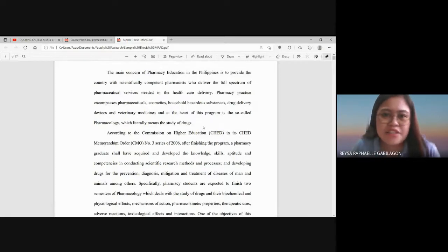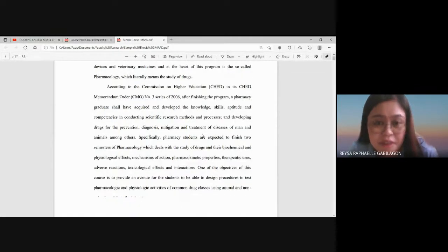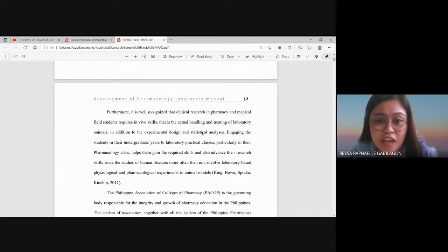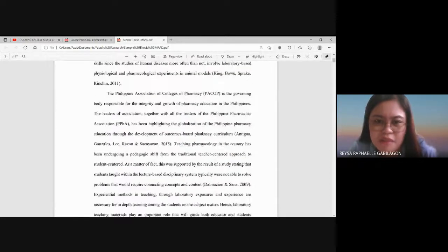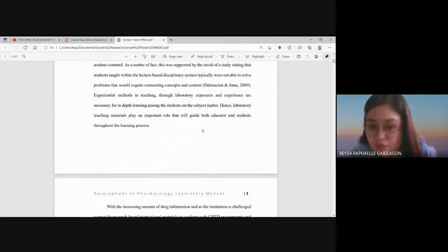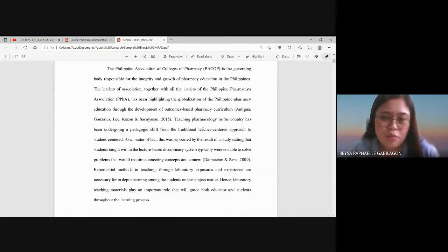I just discussed the current situation in the Philippines sa practice sa pharmacy, especially sa pharmacology. So yun lang ang ginawa ko. So mostly Philippines ito kasi my manual is intended to be used here in the Philippines. So this is just more than 2 na pages.